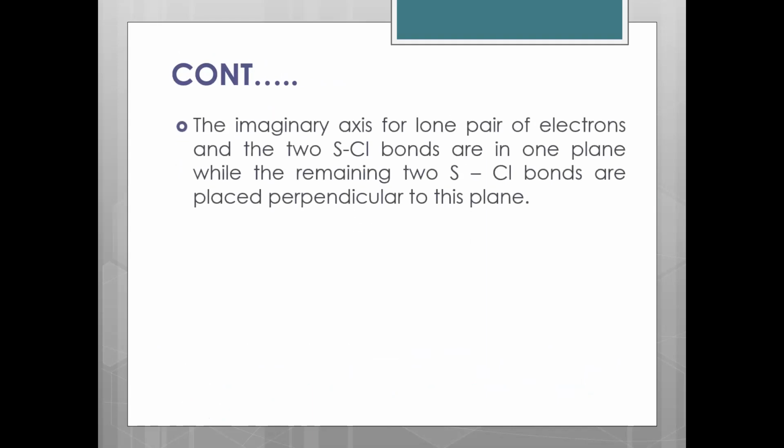Why we are telling like that is the imaginary axis for the lone pair of electrons and the 2 SCl bonds are in one plane, while the remaining 2 SCl bonds are placed perpendicular to this. Why are we telling that? I'll just draw and show you.